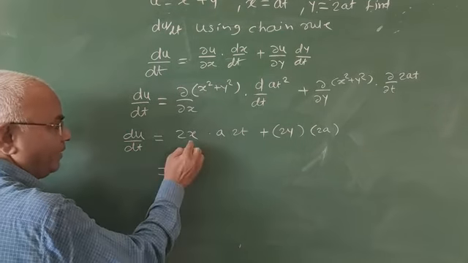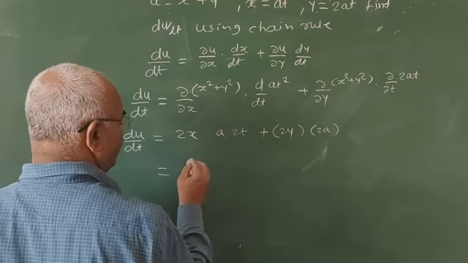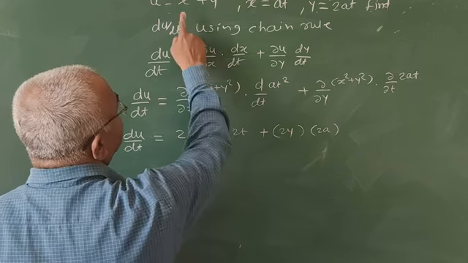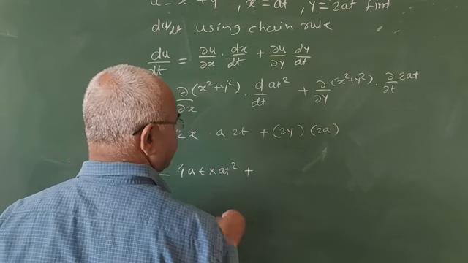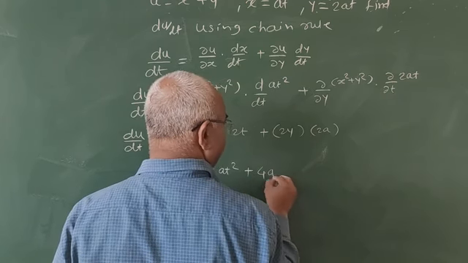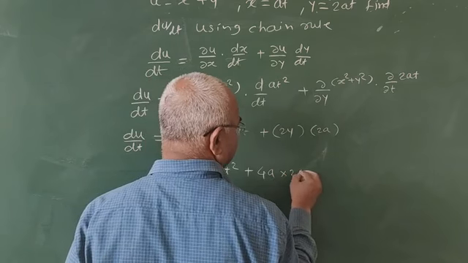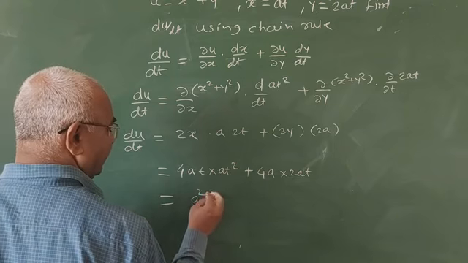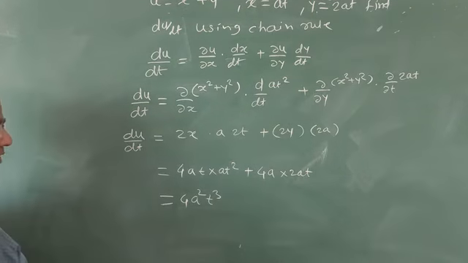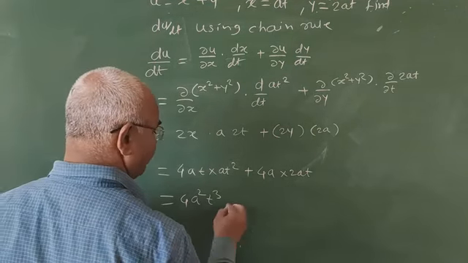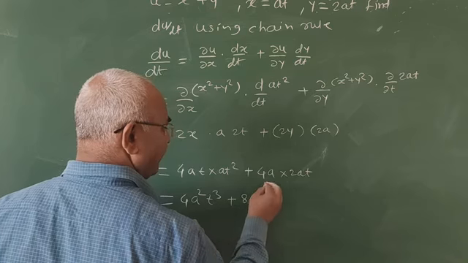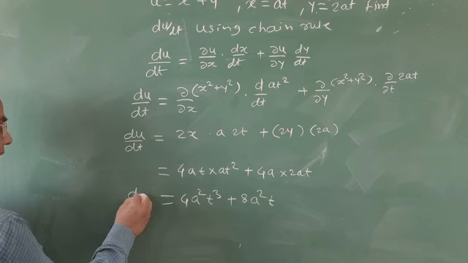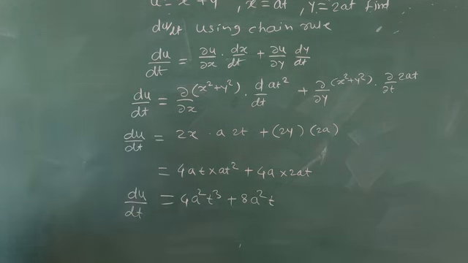Again putting the values of x and y and simplifying, 2 into 2 is 4, a as it is, t multiplied by x is equal to a t square, plus 2 into 2 is 4, the value of y is 2 a t. Again simplifying, a into a square, t square multiplied by t gives t cube, 4 a square t raised to cube plus 4 into 2 is 8, a into a square t. This is the final value of du by dt.